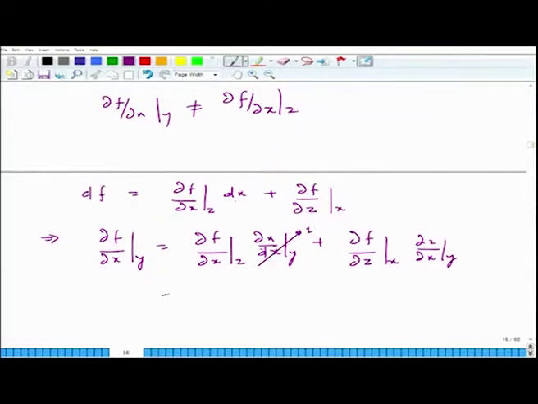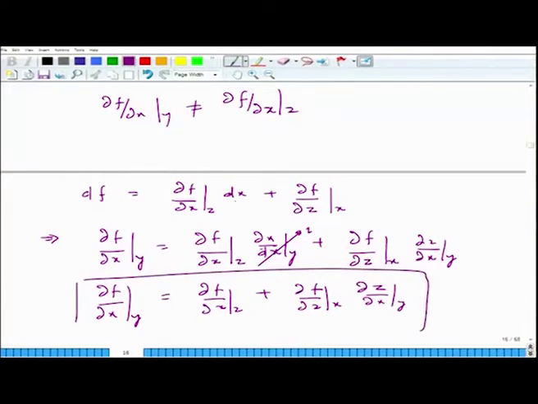Thus you can write del f by del x at constant y equals del f by del x at constant z plus del f by del z at constant x times del z by del x at constant y. So, this is the relation between these two partial derivatives.